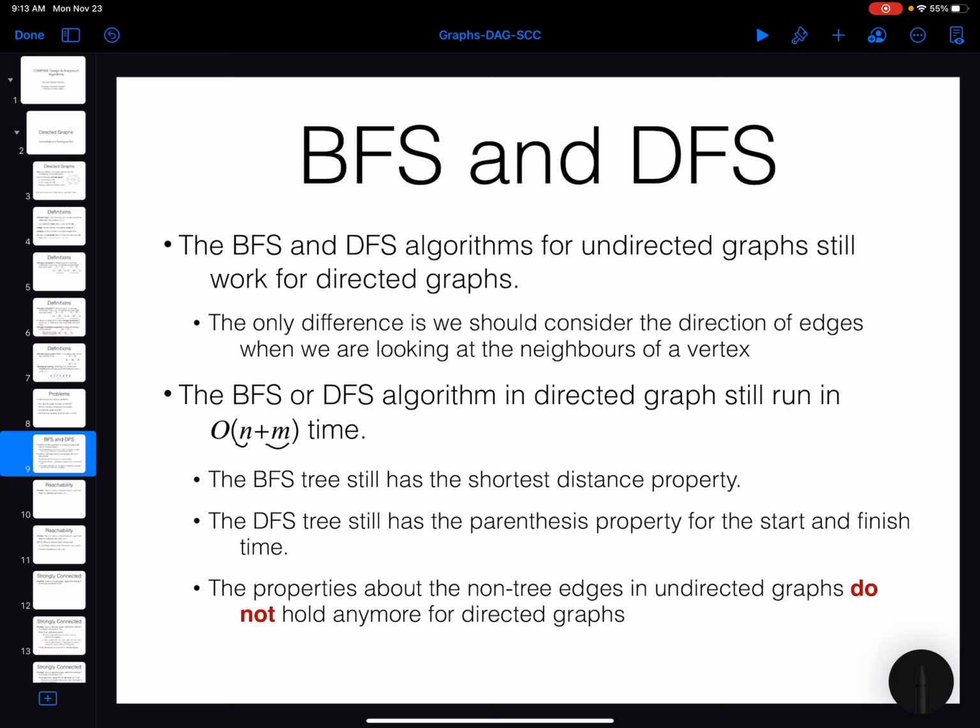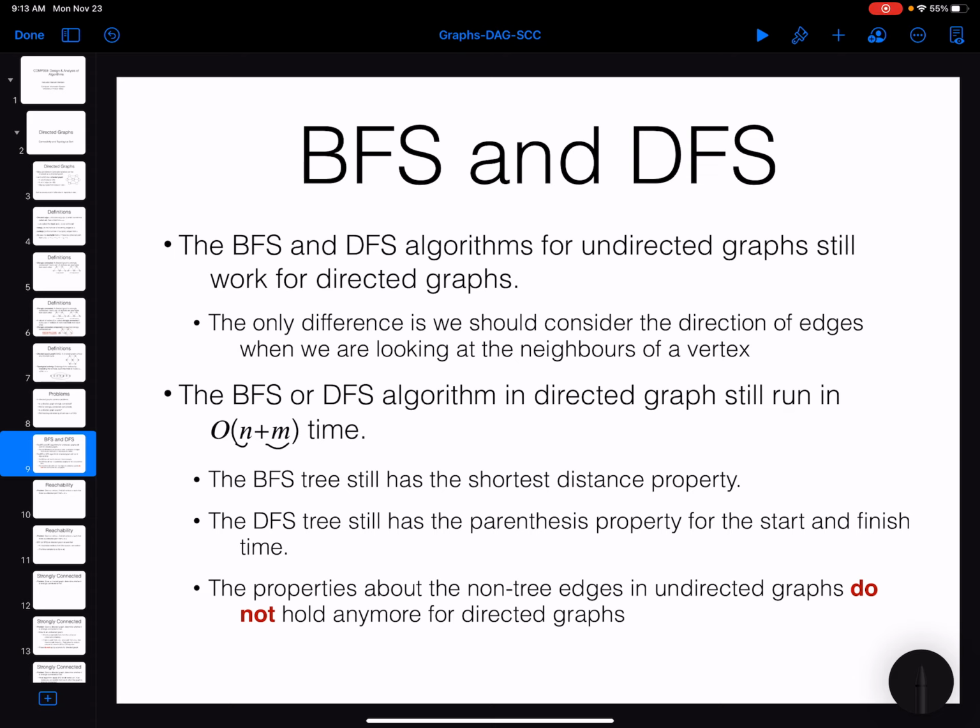Still, the result of the BFS, the BFS tree, is going to show you the shortest path from the starting node to all the nodes which are reachable from that node. So the shortest distance or shortest path property still holds for BFS.